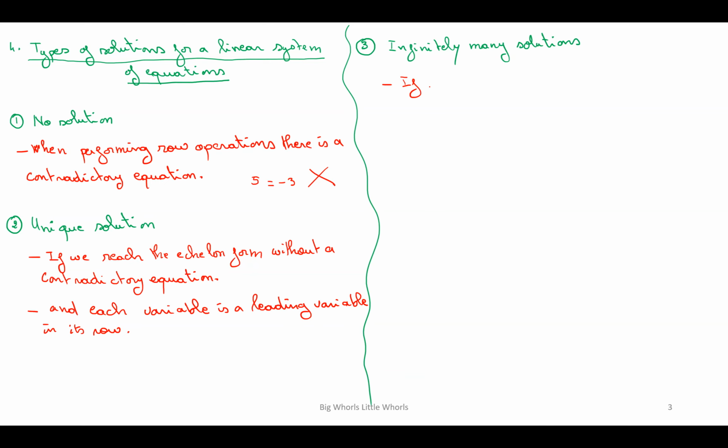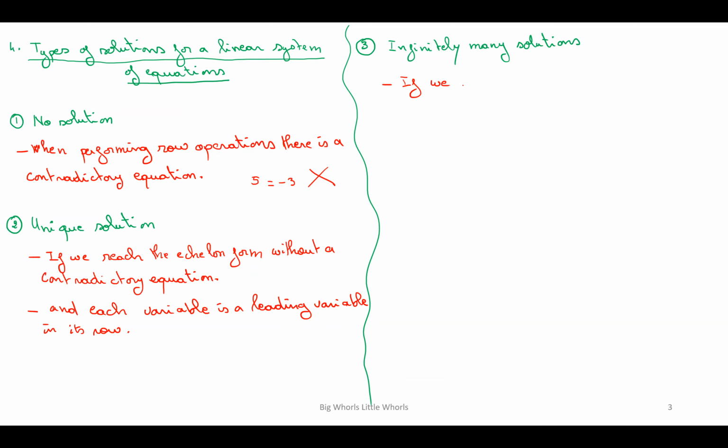That's the condition to have a solution to begin with. Now, when it comes to infinitely many solutions, we need to have at least one variable that doesn't lead a row. That's when we know that we have infinitely many solutions.